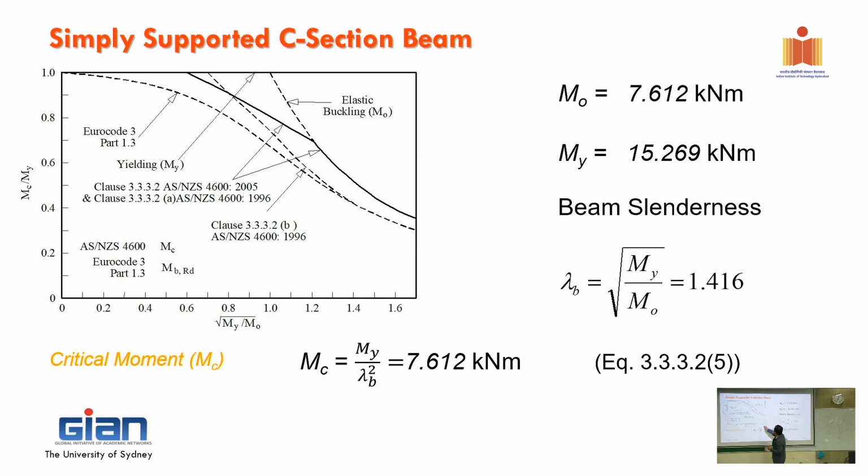And when it's closing here, it means that you've got a very long beam, and there's nothing to stop that. When you push the load, it just buckles sideways and twists, and that's close to M_o in here. So when your beam is very slender, without lateral restraint, it will buckle in the elastic moment.